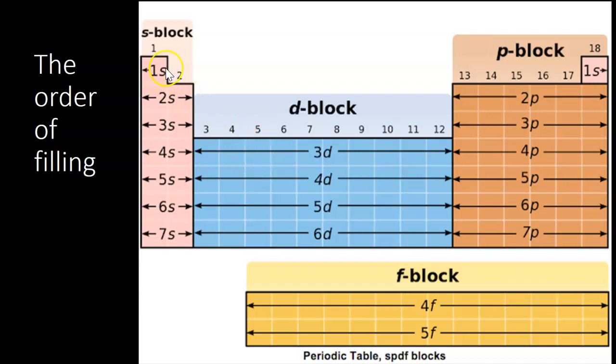So you can just go from left to right, top to bottom, and follow along on the periodic table, remembering this is going to be the 1s, the 2s, the 3s, this is going to be your 2p, your 3p row, and hopefully you'll be able to build up your electron configuration just by looking at the periodic table itself.